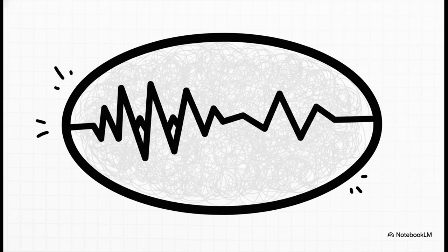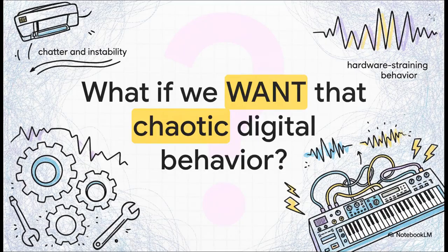The system might wobble a tiny bit inside that boundary, but it's safe. It's controlled. The chaos is eliminated. But that raises a really fascinating question. Engineers spend all this time and energy trying to kill the chatter and instability. What if we took a step out of the factory and into an electronic music studio, where that kind of chaotic, unstable, hardware-straining behavior is exactly what we're looking for?